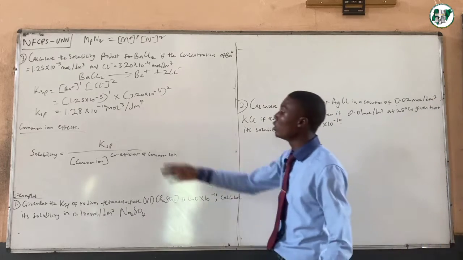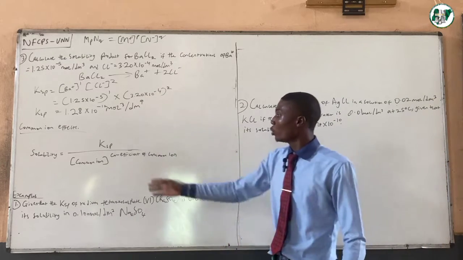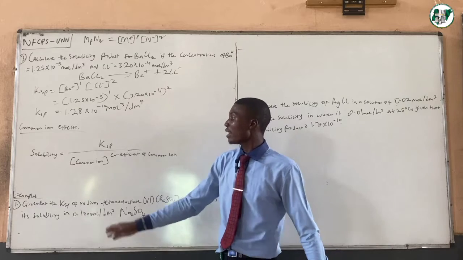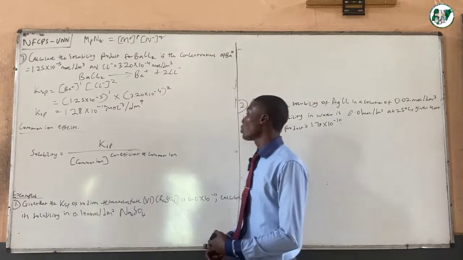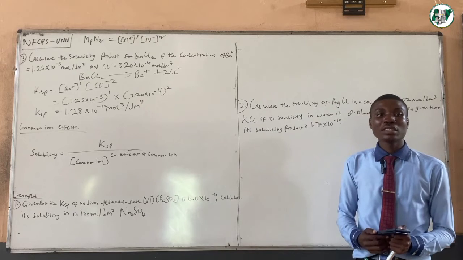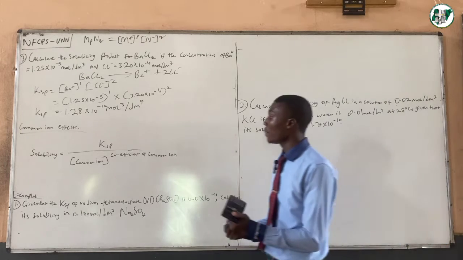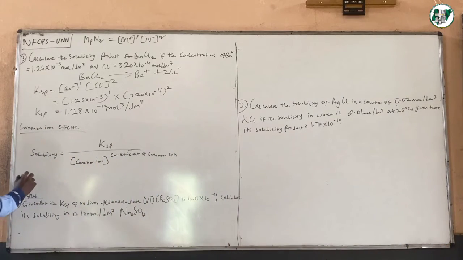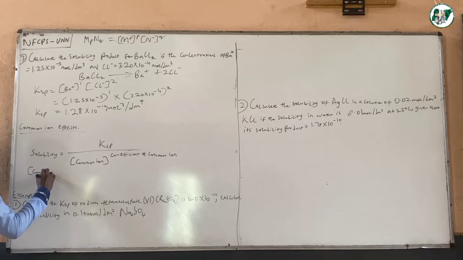And for you to calculate the solubility in the presence of a common ion, you simply do Ksp divided by the concentration of the common ion raised to the power of the coefficient of the common ion. Now pay attention to this.